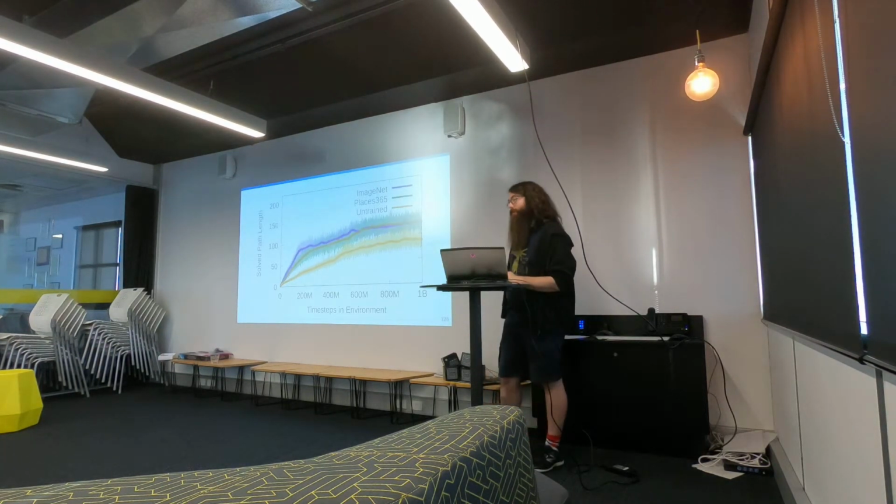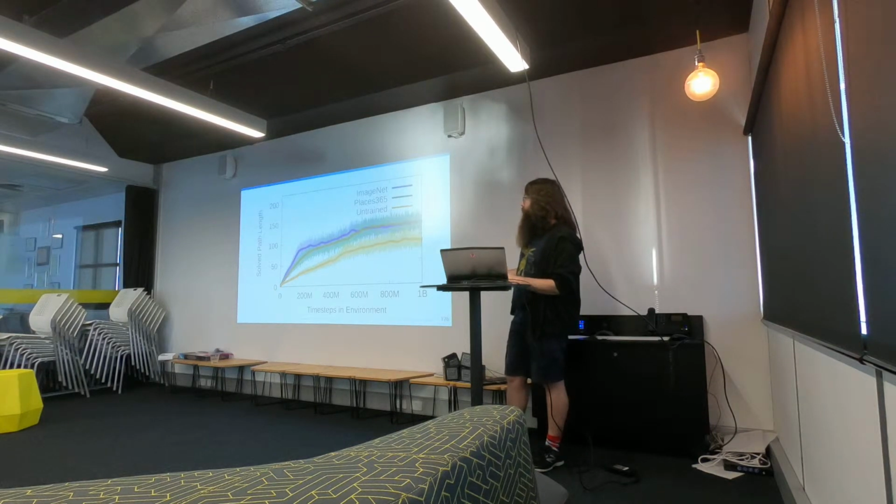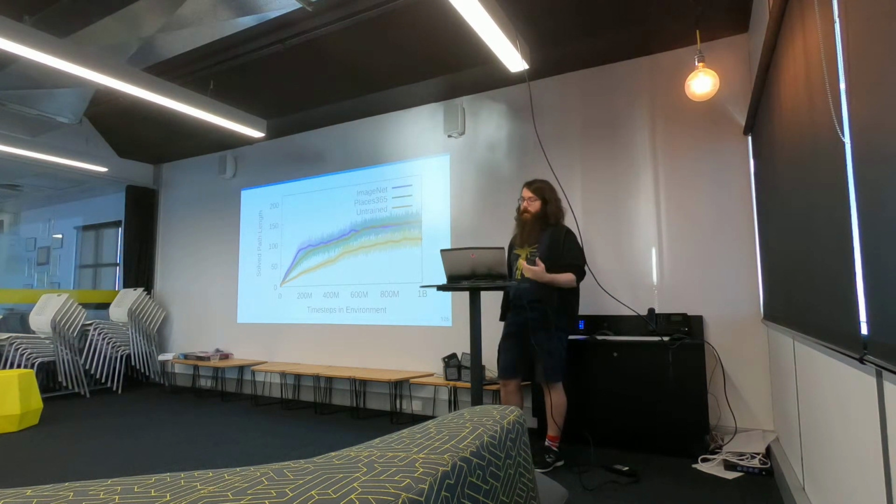Now this is what the training curves look like in simulation. We evaluated 3 different visual front ends. This is completely randomized, untrained content, the same architecture as the ResNet 18 that we use. There are also versions that were trained on ImageNet in blue, which is object classification. And then there's one in green that was trained on Places 365, which is place categorization. So given an image, is it a beach or a parking lot or whatever?